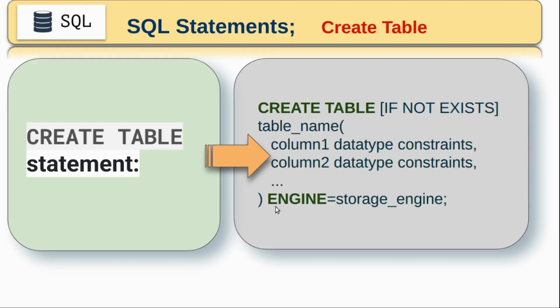And at the end you need to specify the storage engine name. This is optional. If you don't want to specify the storage engine name, by default it will use the default storage engine.